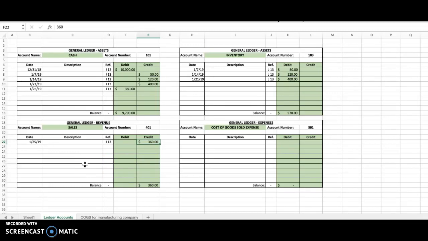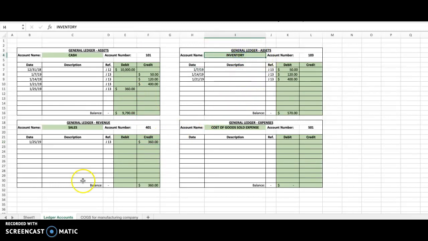Now, the difficulty we have from the very beginning of the course, we've had this kind of transaction a lot where we made cash sales. The point that I want to make here and reinforce to you is that we made a sale, but that transaction where you debited cash, credited sales, does not impact inventory.